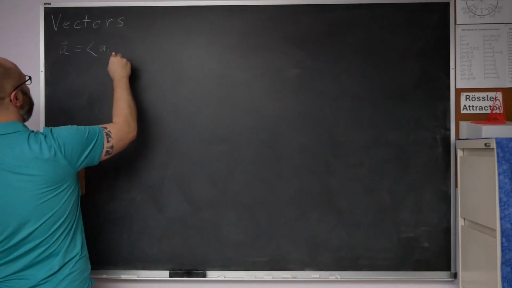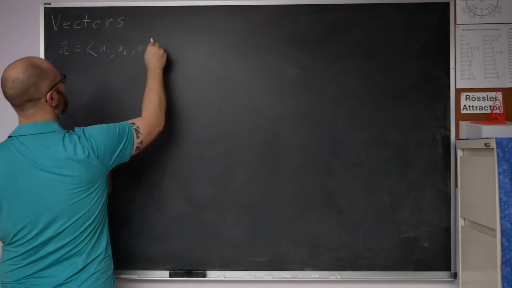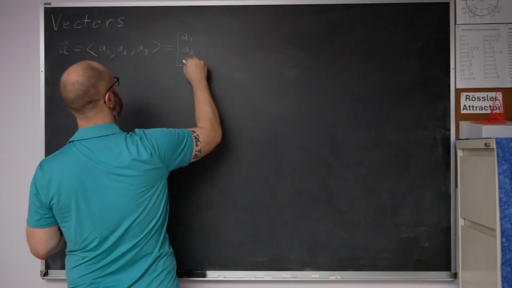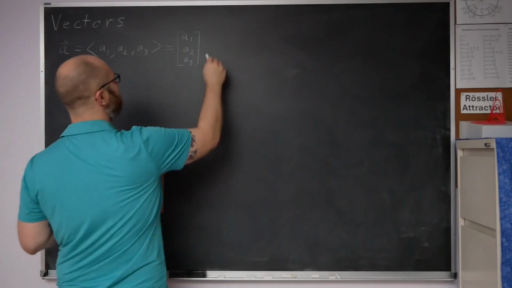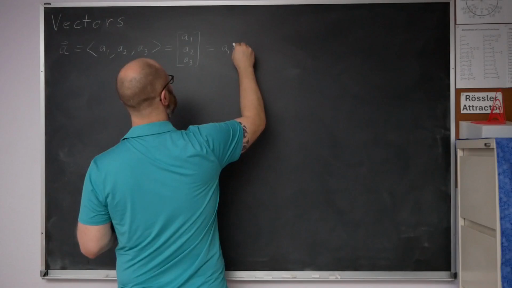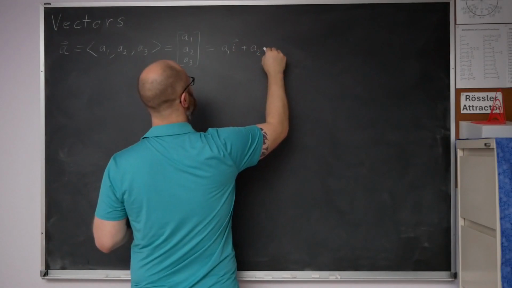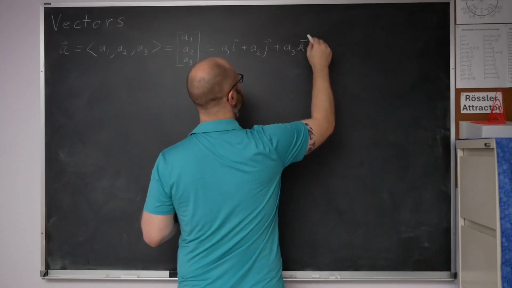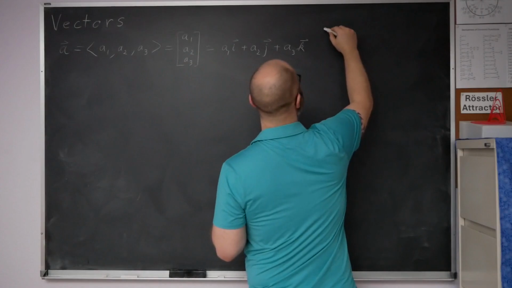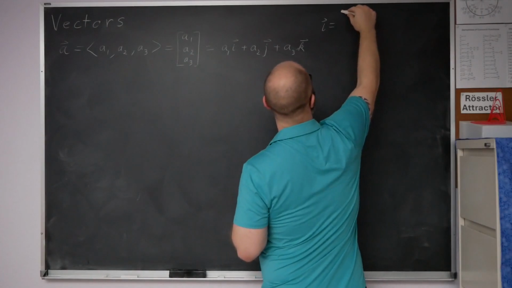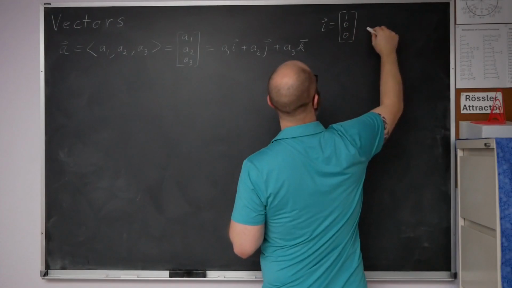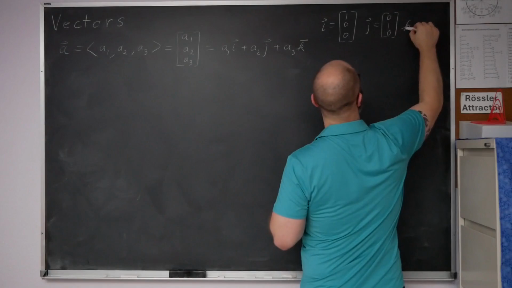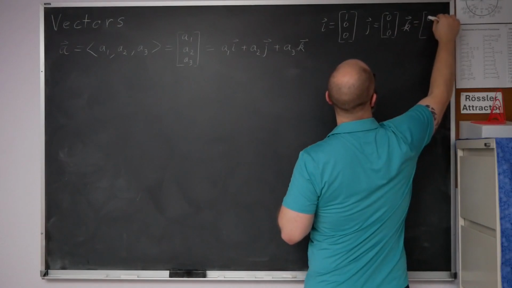So it's going to be A1, A2, A3, or equivalently, we could write it as a column vector, A1, A2, A3, and then equivalently, A1 times vector i plus A2 times vector j plus A3 times vector k, where i vector equals 1, 0, 0, j vector equals 0, 1, 0, and then k vector equals 0, 0, 1.